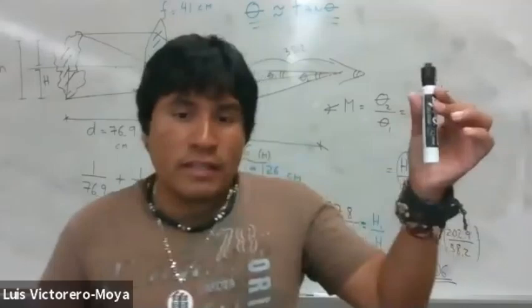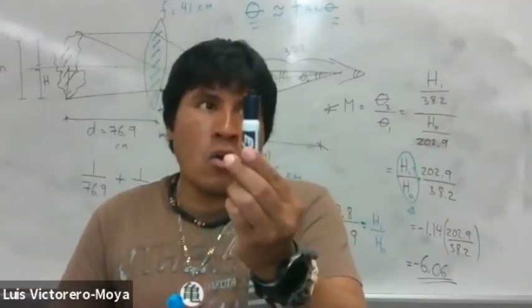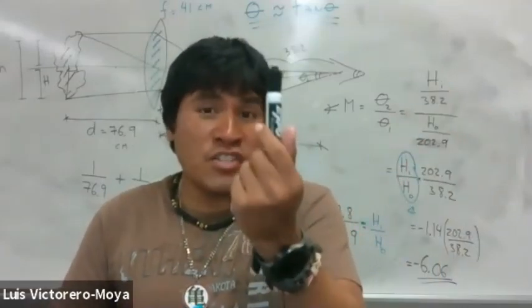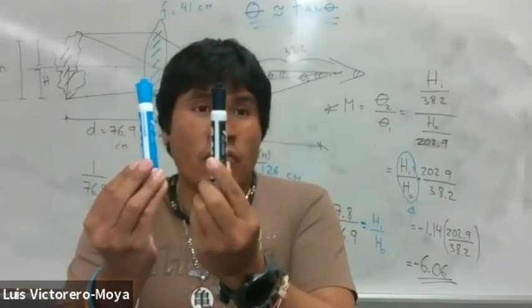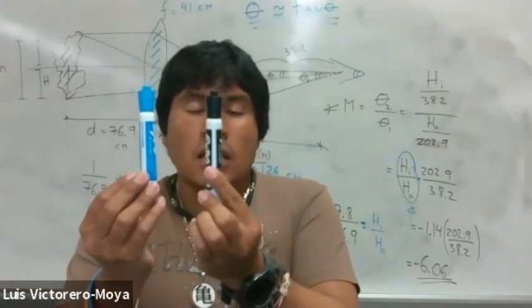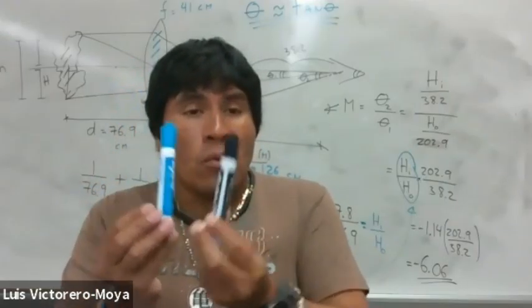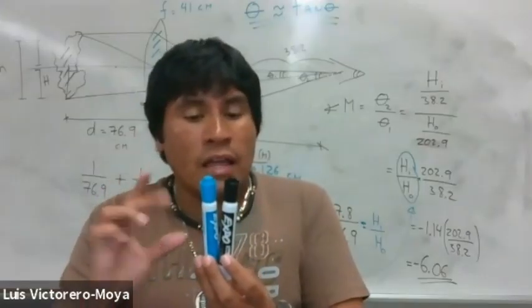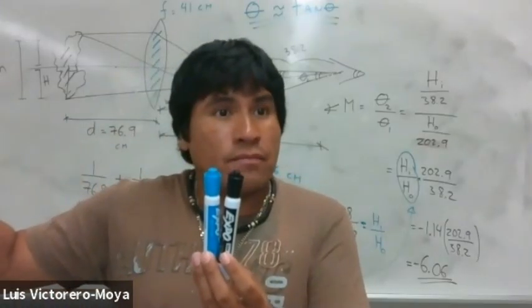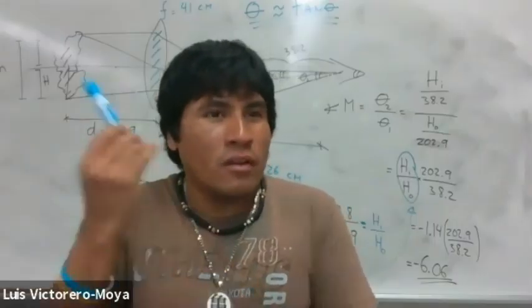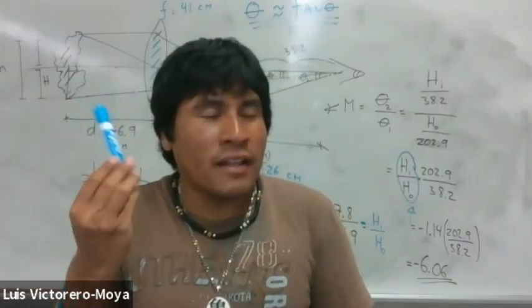If you have an object, and then you have a converging, a convex lens, and a diverging, a concave lens, then the combination of those two, by having a virtual object, allows you to find the image of that, and then you can see a real image, something that is not common for this type of lenses, right?